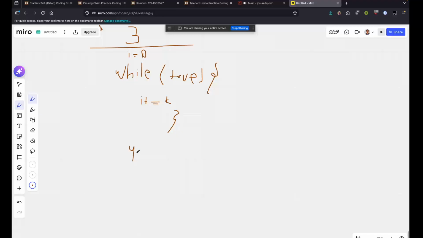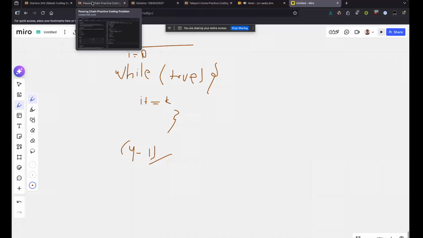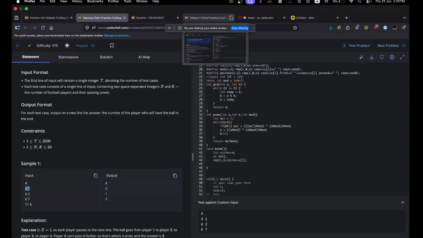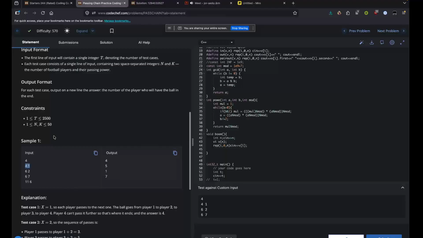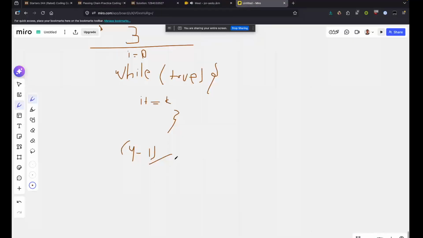So if I take the C value of this and divide with k, that is 1 here, then whole into 1 plus 1, because this will allow us to reach that position, and we can pass that, the person can pass one more player.